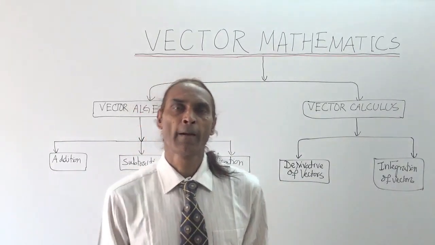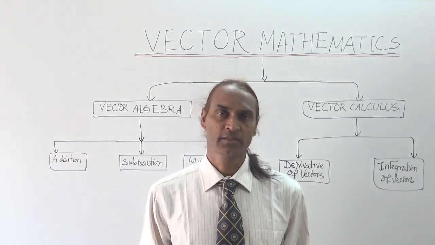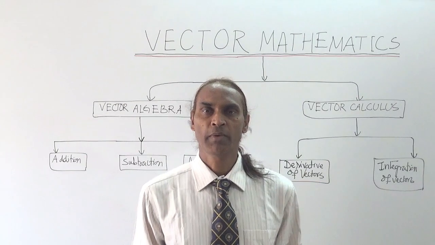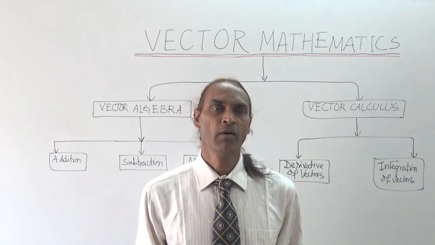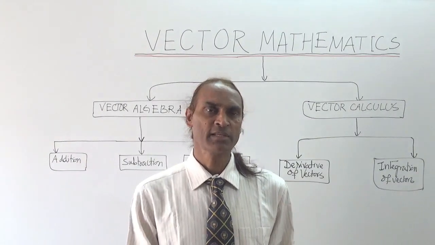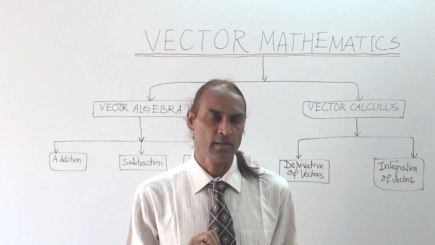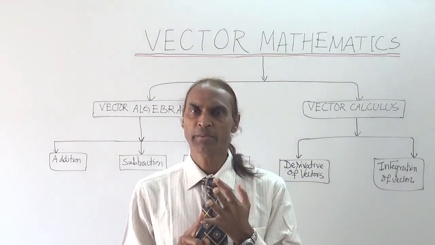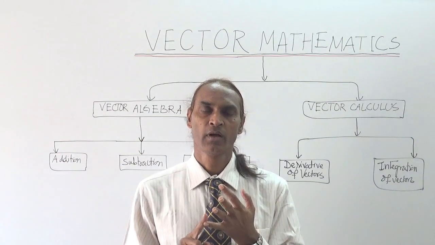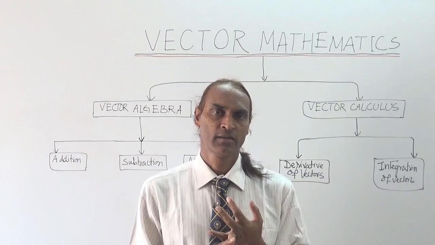This video will give you an overall understanding of the mathematics of vectors. As you know, the mathematics of scalars has two parts in general. One is scalar algebra and the second is calculus of scalars.